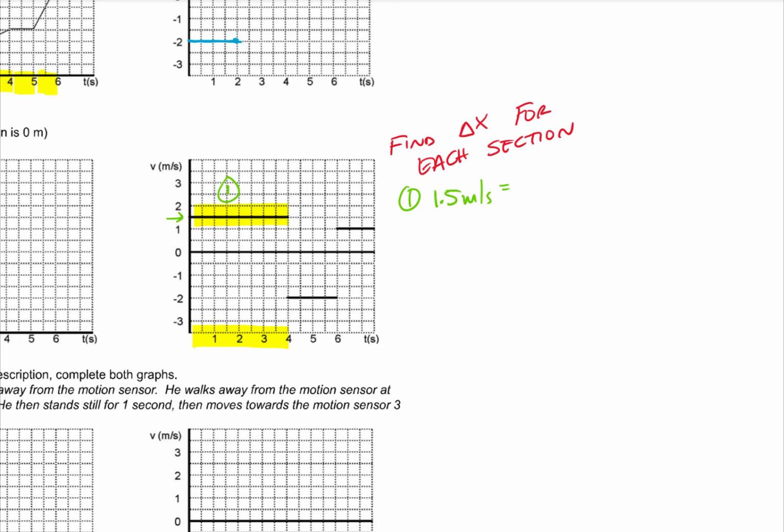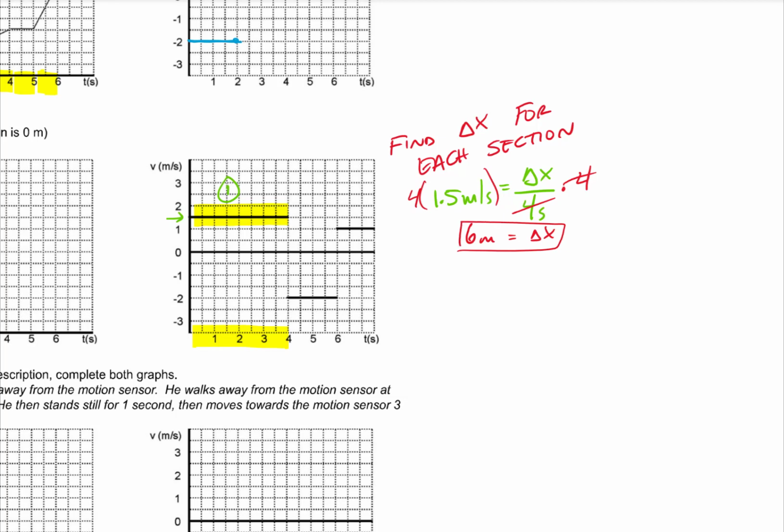And that's going to be equal to the change in position, which I don't know, over the time of 4 seconds. So to find that change in position, I'm going to multiply both sides by 4. Those 4's cancel out, and I get 6 meters is equal to my delta x.